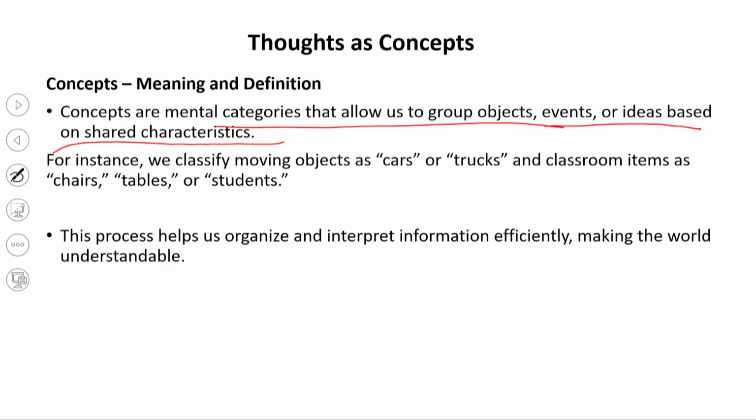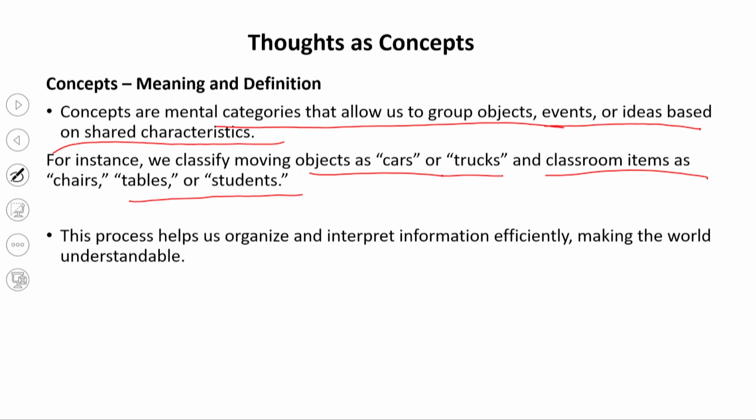For example, we classify moving objects as cars or trucks and classroom items as, let us say, chairs, tables, students. These are all concepts that we develop based on the different types of objects and categorize them, organize them, group them and so on. This process helps us to organize and interpret information efficiently.